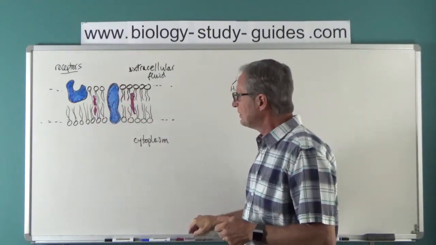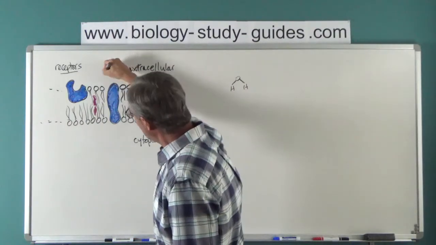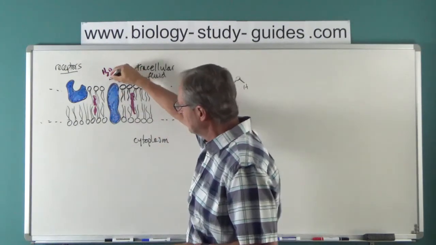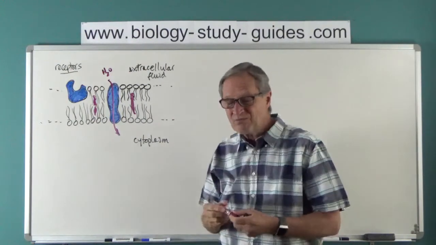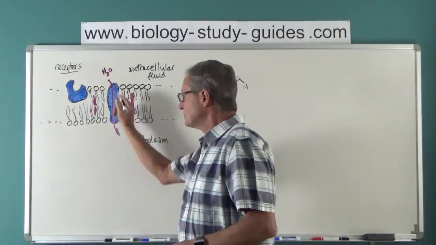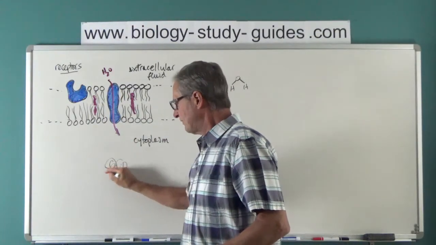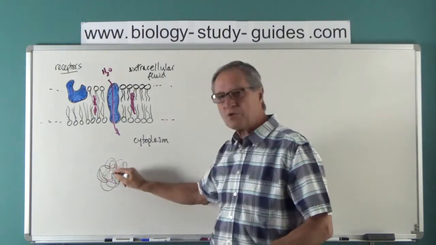So if we take a look, I'll just put an arrow through here. A water molecule is actually quite small in relation to this thing. It actually sneaks through the protein. How? Well, if you remember protein structure, this is, say, a tertiary structure of a protein, and this is the amino acid sequence here.